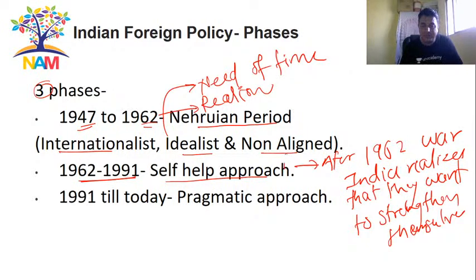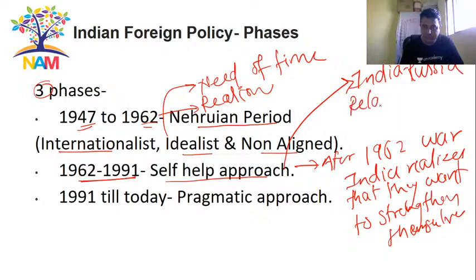And this self-help approach is very well represented with the India-Russia relation. The Indo-Russia relation is based on this self-help approach, that we took help from Russia for developing arms, ammunition, as well as missiles as well as aircraft.